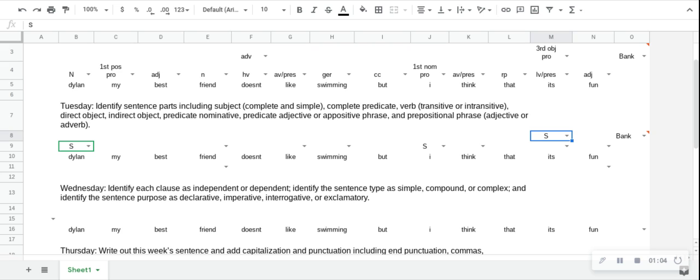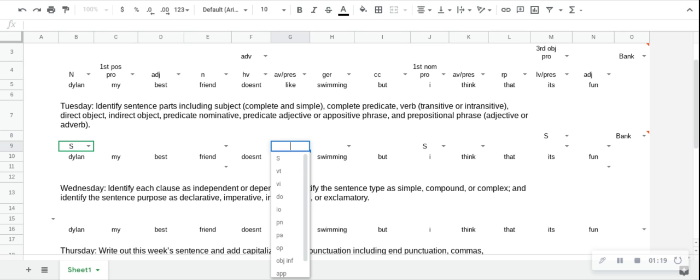All right. We have three verbs as well. Like. You can show like for sure. VI or VT? What's our direct object if it's VT?